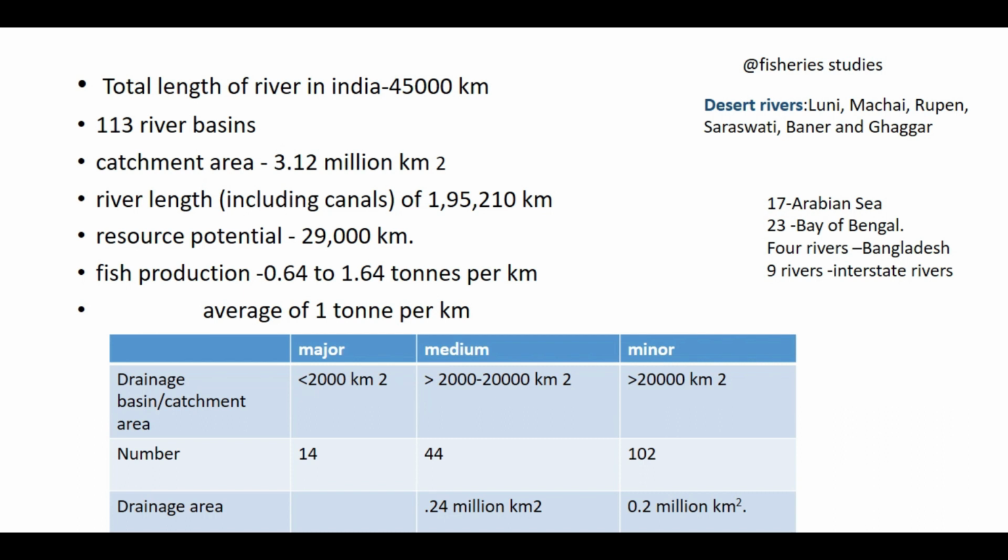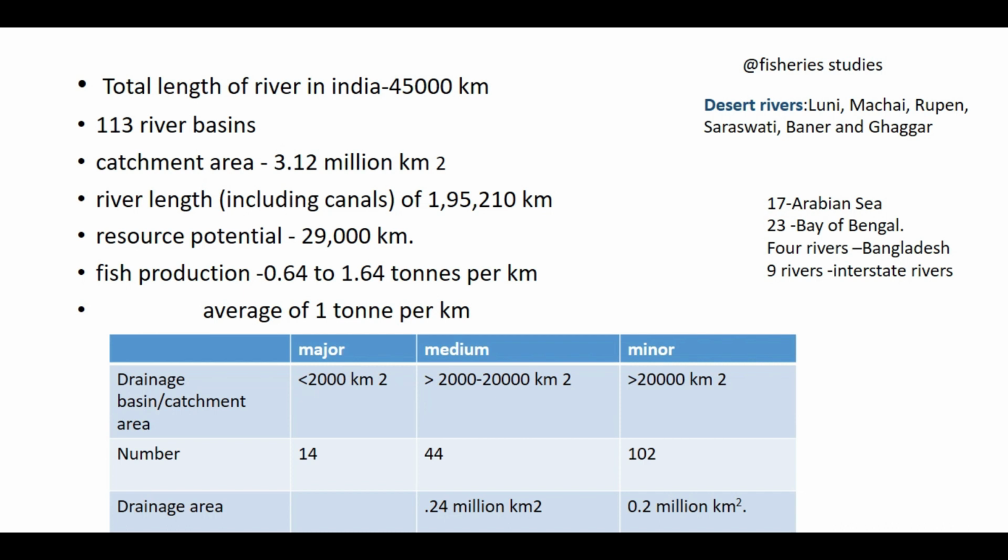There are 3 major divisions: major, medium and minor. Based upon the catchment area, they have divided it. Major rivers are greater than 20,000 km square, medium rivers 2000 to 20,000 km square, minor rivers less than 2000 km square. There are 14 major rivers, 44 medium rivers, 102 minor rivers.